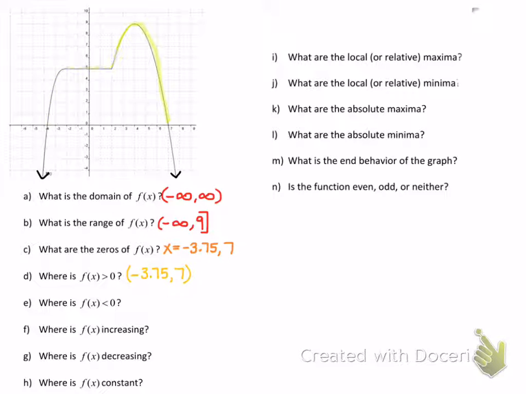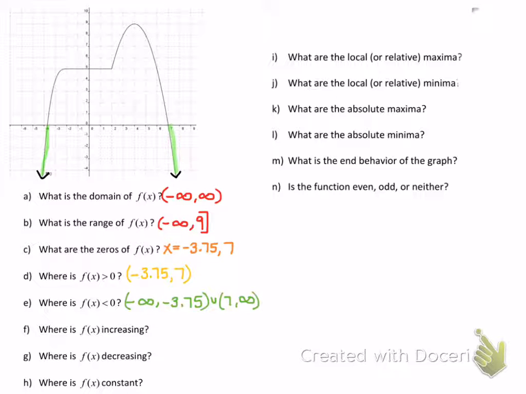Then it's negative below on these two pieces. So the function is less than 0 from negative infinity to negative 3.75, and also from 7 to infinity.